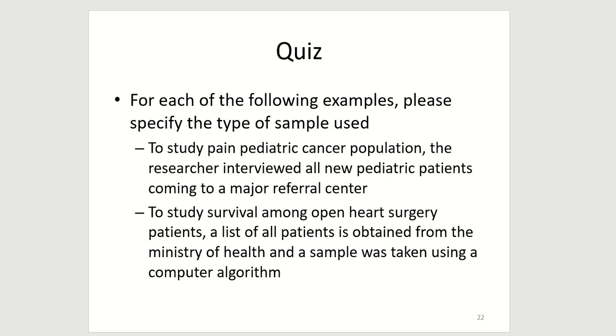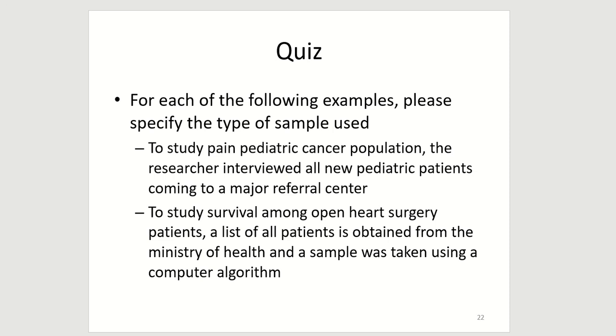Question number 2. To study survival among open heart surgery patients, a list of all patients is obtained from the Ministry of Health, and a sample was taken using a computer algorithm. Again, if you want, pause the video, find the answer on your own, and come back. The answer: this is a simple random sample. Simple because we didn't talk about any type of stratification.